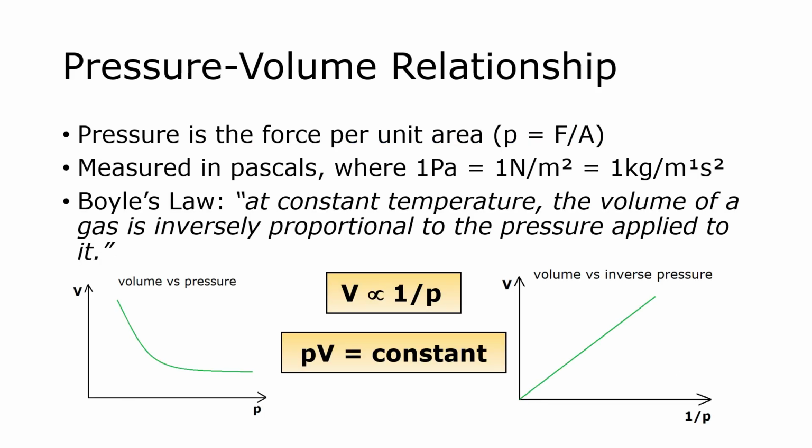So let's start with the pressure-volume relationship. Pressure is force per unit area, so it's the amount of force exerted on a region of area. We measure it in pascals, named after Blaise Pascal. Because it's force over area, its units are newtons per square meter.